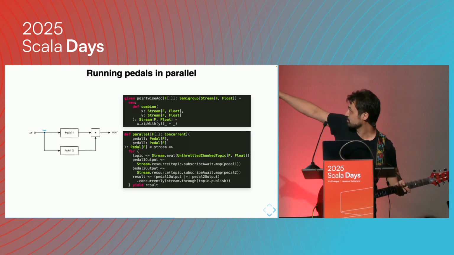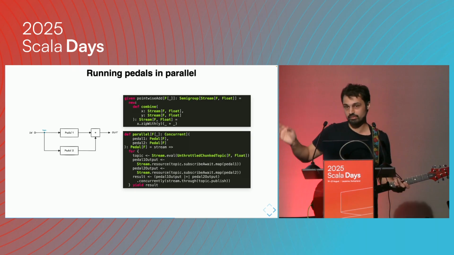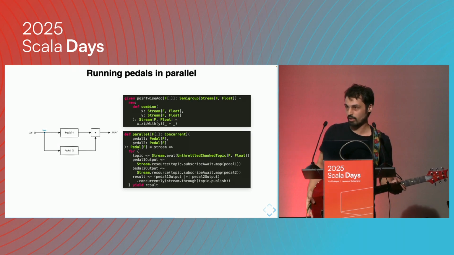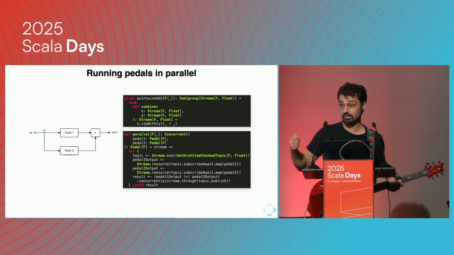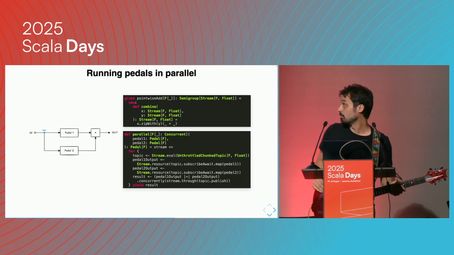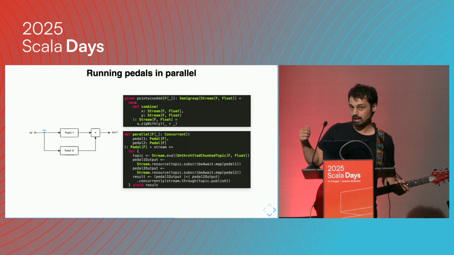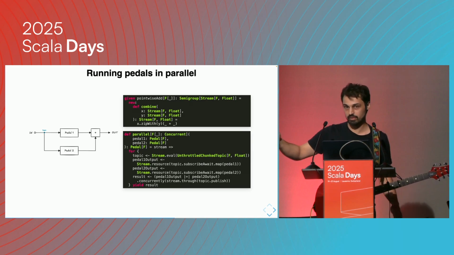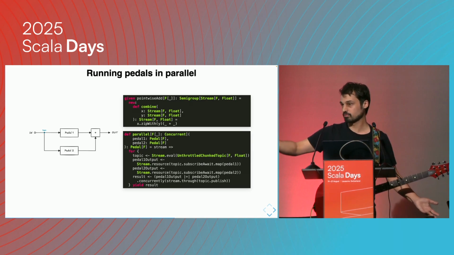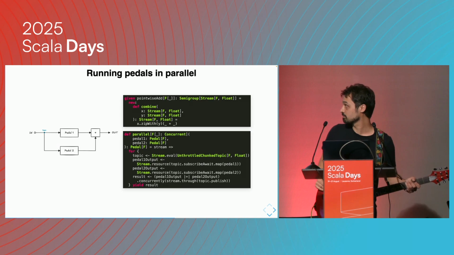So here it says unthrottled chunk topic. That's just because it's a very small wrapper around FS2's topic. The difference is I'm publishing chunks one at a time instead of elements one at a time. And the unthrottled part refers to the fact that I never stop you from publishing to the topic, even if the downstream consumers haven't finished processing their messages yet.